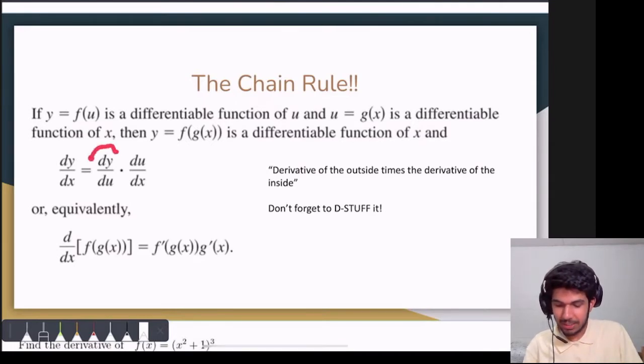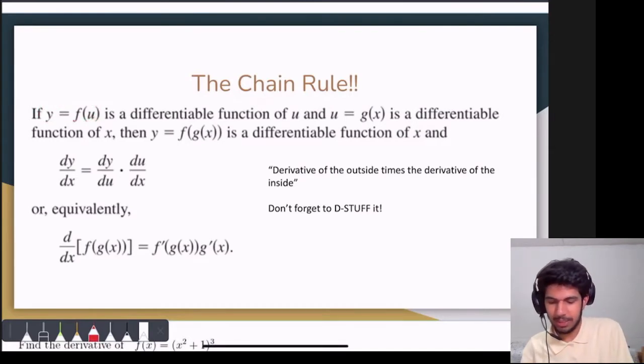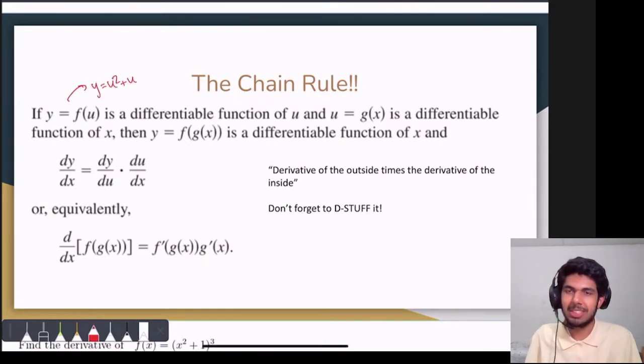So this means we take the derivative of y with respect to u, which makes sense because we're given y as a function of u. You can think of this as something like y equals u squared plus u, right? When you take the derivative, you wouldn't say dy/dx equals this. You would say dy/du equals, in this case, 2u plus 1, because we're doing it with respect to u.